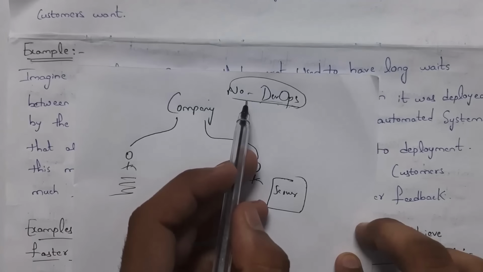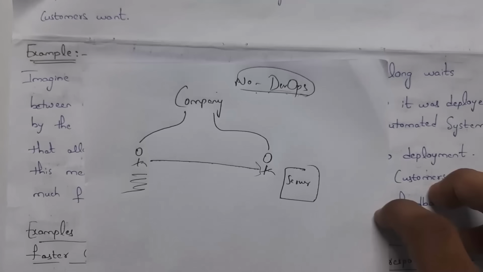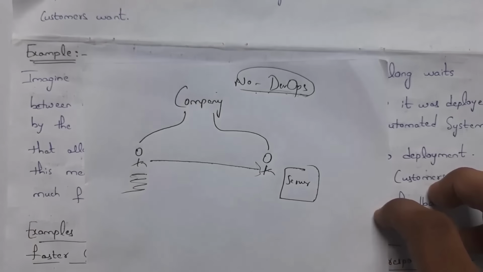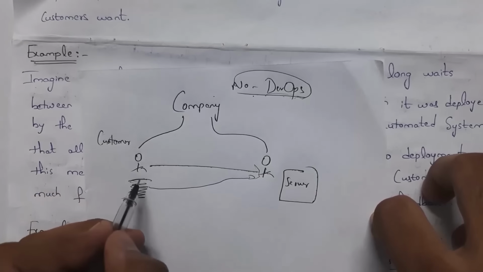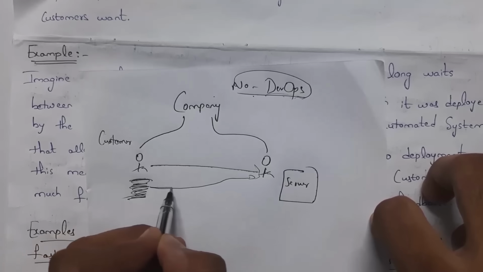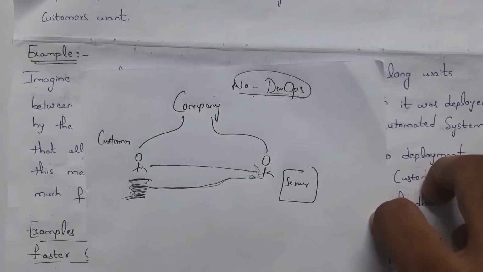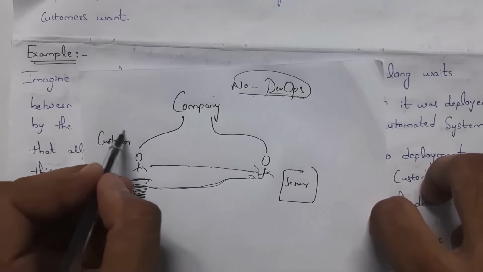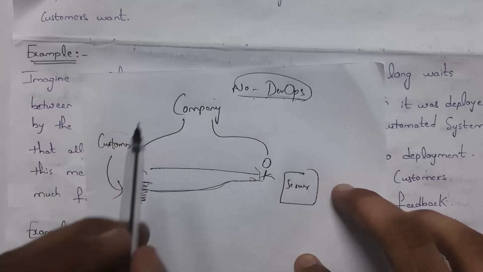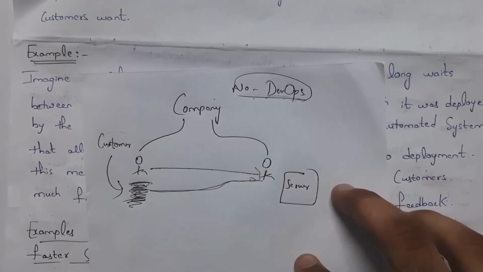If company doesn't follow DevOps, that means if company doesn't use any kind of automation tools, after developers write code, then it will take a lot of time to place that code in server. For example, customer gave project to this developer, developer wrote code, and then developer submitted this code to operations team, then operations team placed this code in server, and after few days, customer said to update the same software again, but it will take a lot of time because this company is not following DevOps. That is, this company is not using any kind of automation tools.